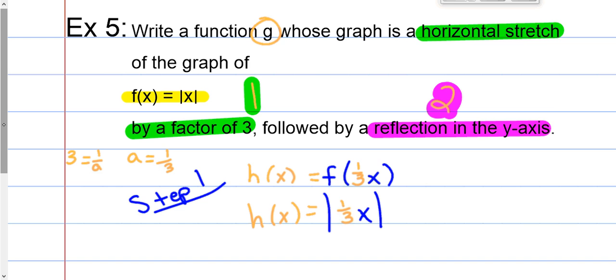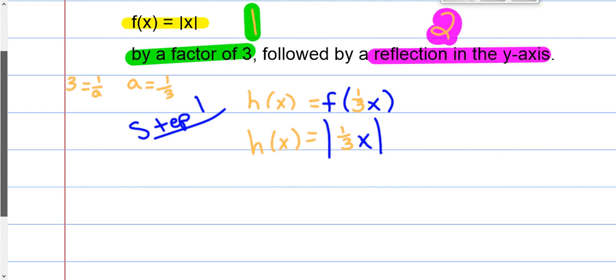Now going to step 2, reflection in the y-axis. Reflection in the y-axis is another horizontal movement, so it's going to go on the inside. So now my g of x is going to be my h of x with a negative on the inside, so negative times the x value. All right, so let's plug that in.